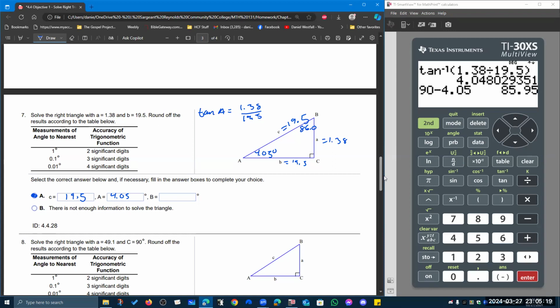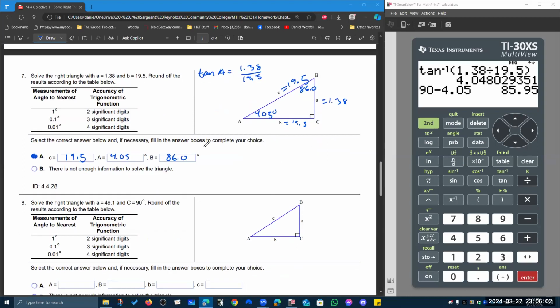And the answer key only took this to 4.0.